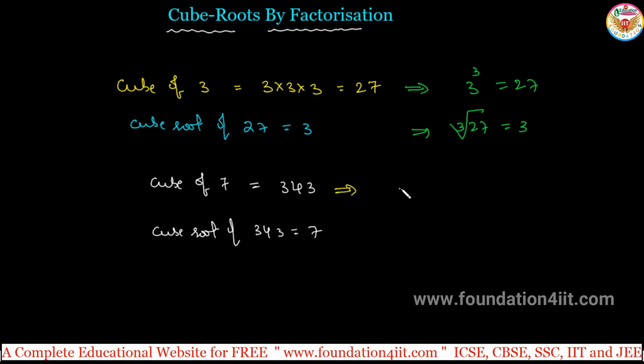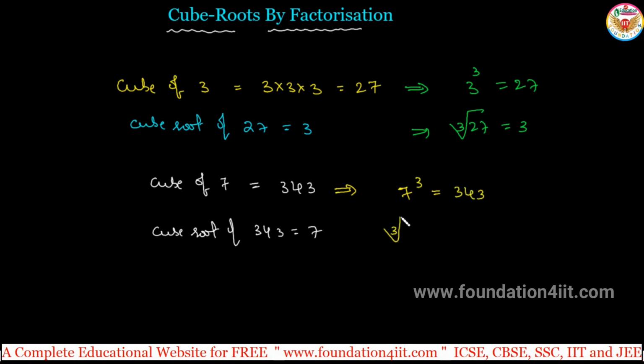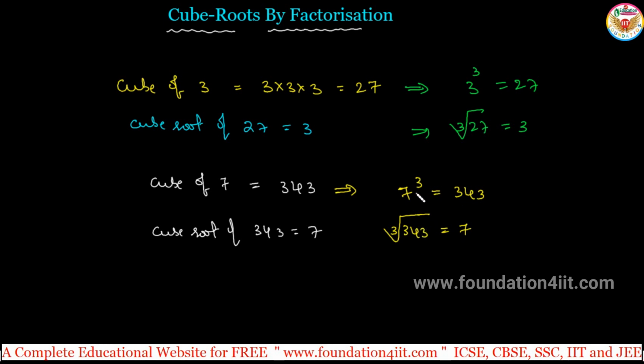So 7 to the power 3, or 7 cube, is 343. Then we can denote the cube root like this: cube root of 343 is equal to 7, because 343 is nothing but 7 to the power 3. Just vice versa: 7 cube is 343, so the cube root of 343 is 7.